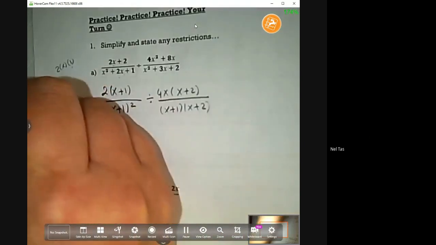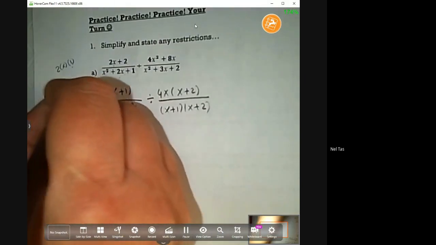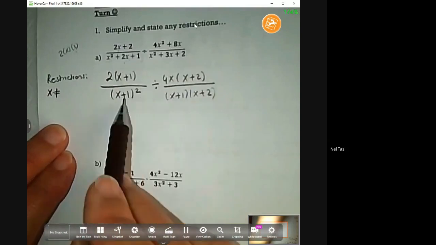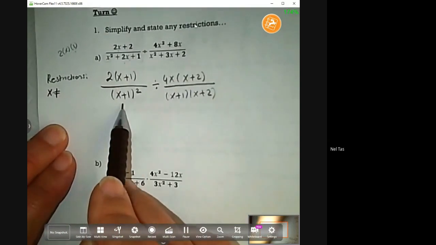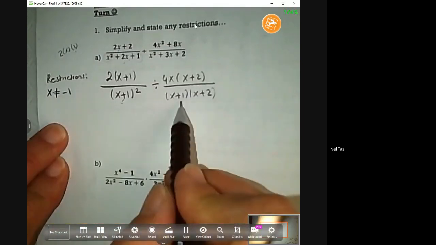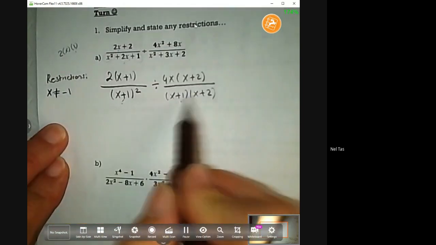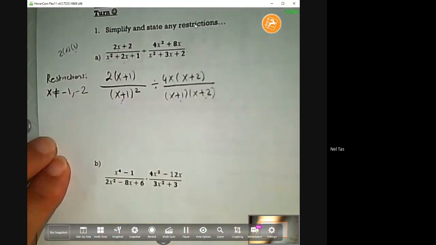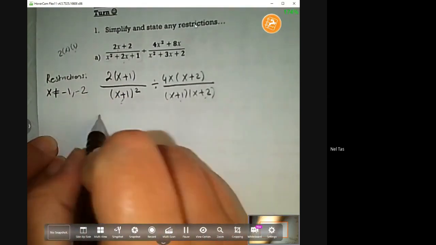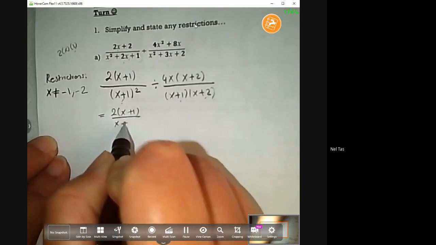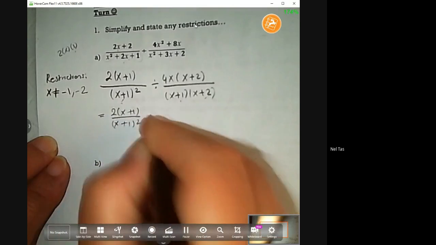So state the restrictions. X cannot be, look at this denominator. X cannot be negative 1, and x cannot be negative 2. Okay, and now we flip the fraction and convert division to multiplication.